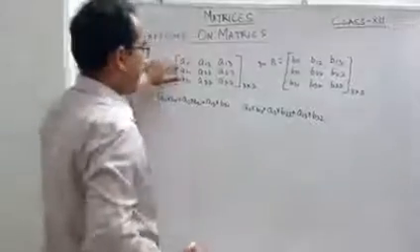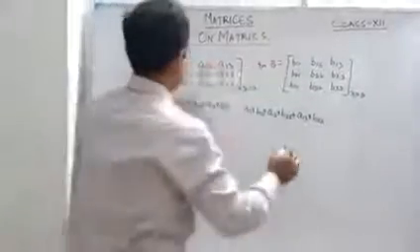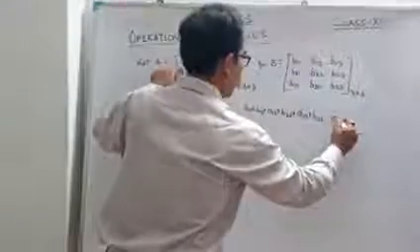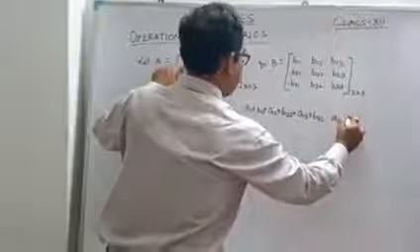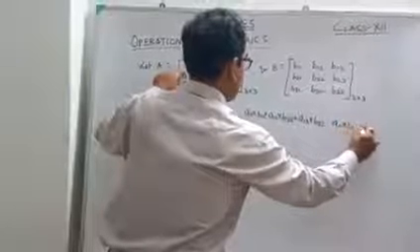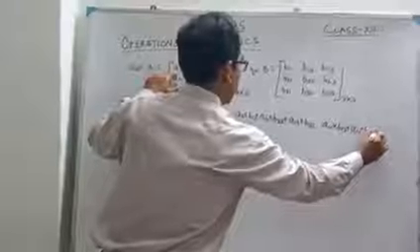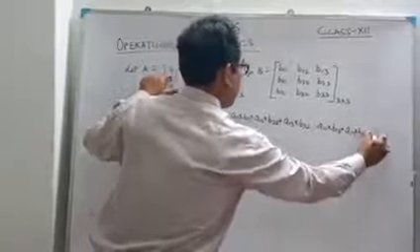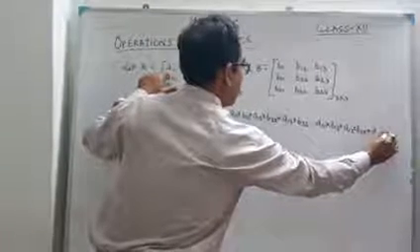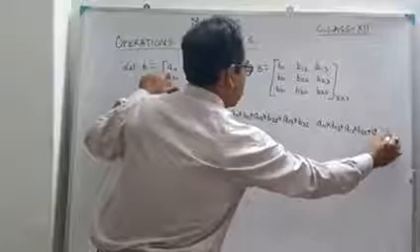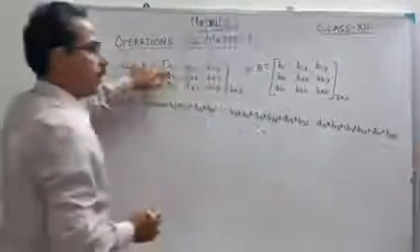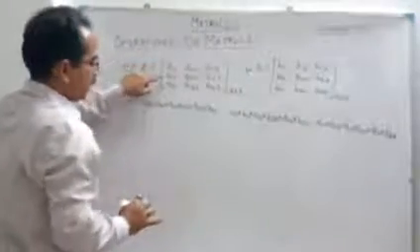Okay, next again first row, third column, that is A11 multiplied by B13 plus A12 multiplied by B23 plus A13 multiplied by B33.